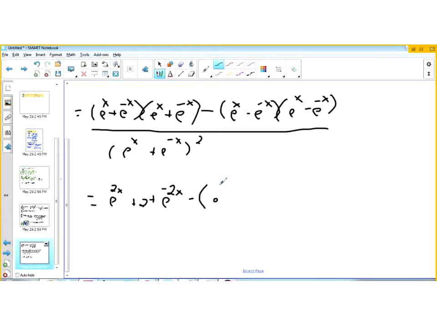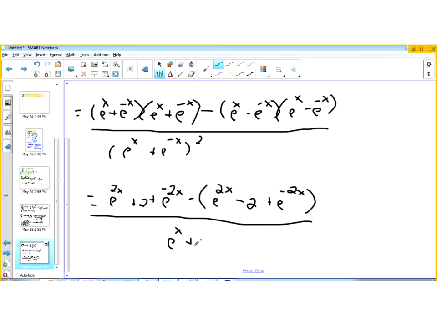Minus, okay, so we have e to the 2x minus 2 plus e to the minus 2x. Okay, all over e to the x plus e to the minus x, quantity squared.